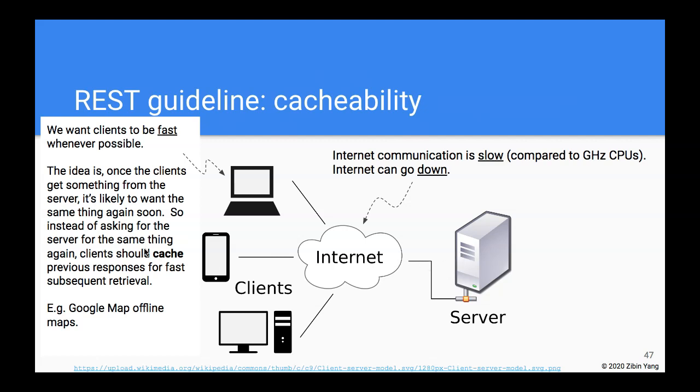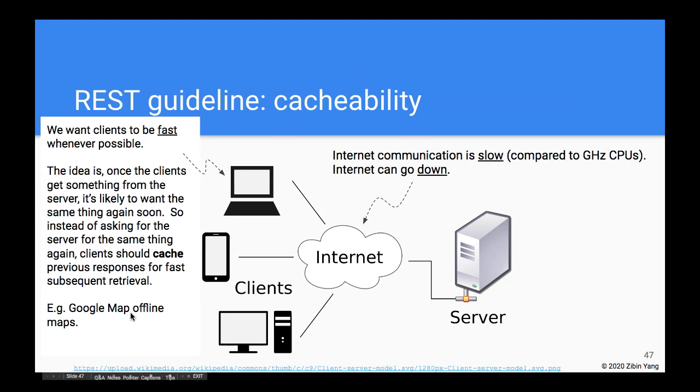This can improve performance, and sometimes it can even allow us to access data in a completely offline mode. An example of that would be Google Maps, where there are offline maps, right? I don't know about you, but whenever I go hiking in the mountains, I usually lose cell service.